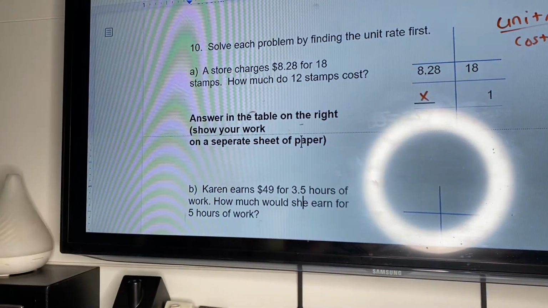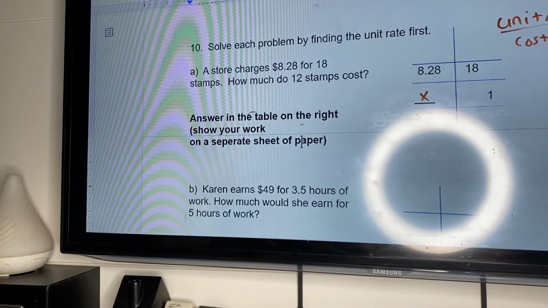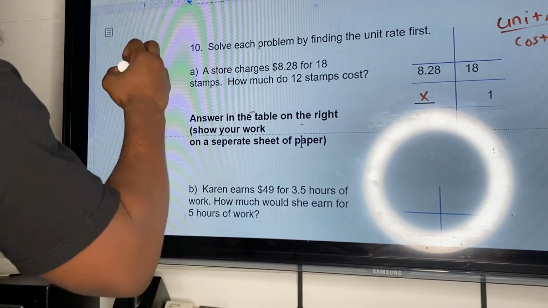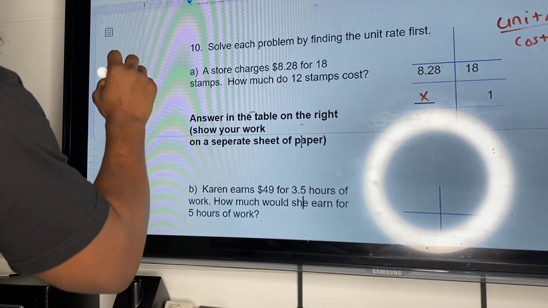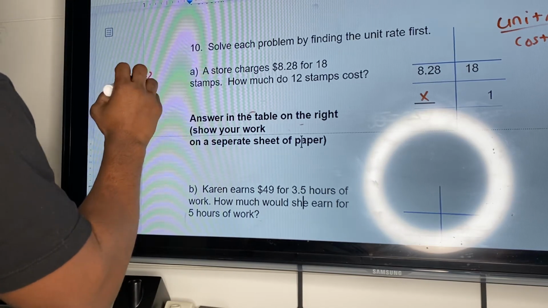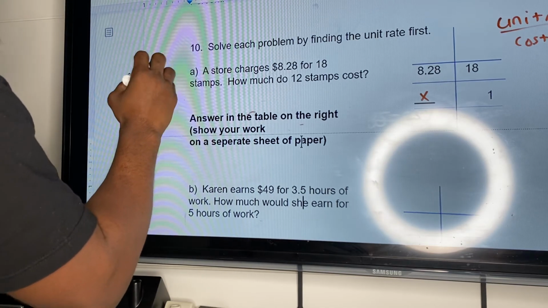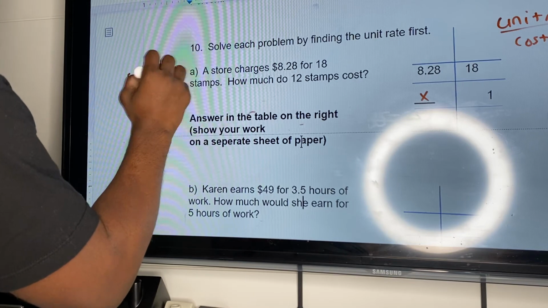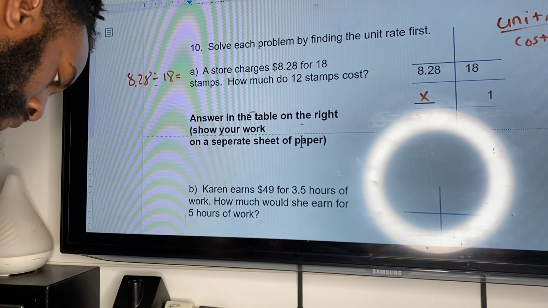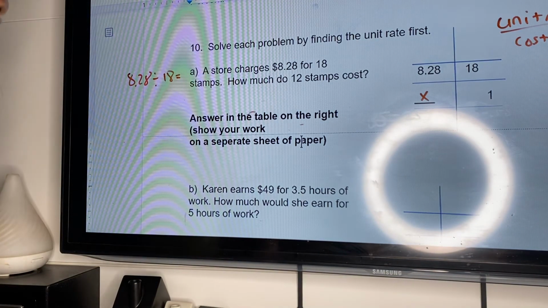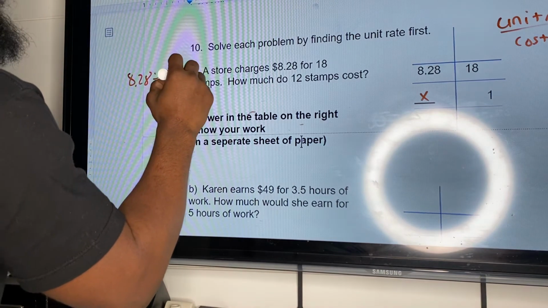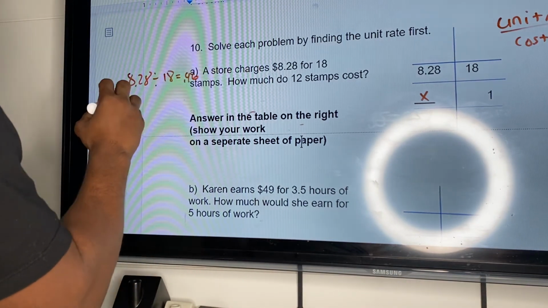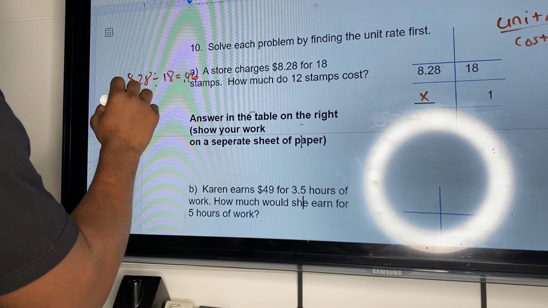So a store charges $8.28 for 18 stamps. How much would 12 stamps cost? First, we got to find out how much each stamp costs, and we'll find that out by taking the amount that it costs and dividing it by the number of stamps. So this would give us 0.46, which would mean each stamp costs 46 cents.